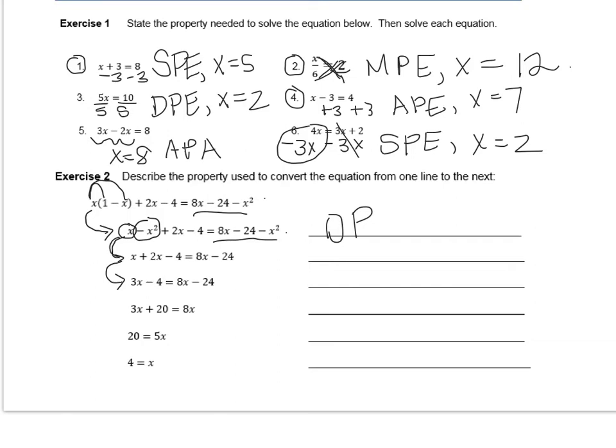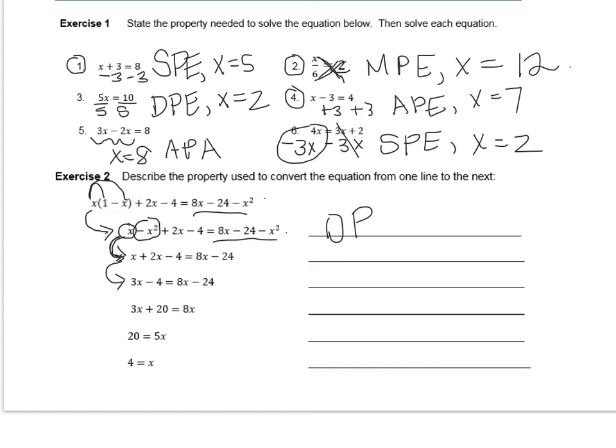Now to get from here to here, let's see how it's changed. It looks like the left side, the order used to be x, negative x squared, 2x, and then negative 4. But now it's x, 2x, and negative 4. Where did the x squared go?